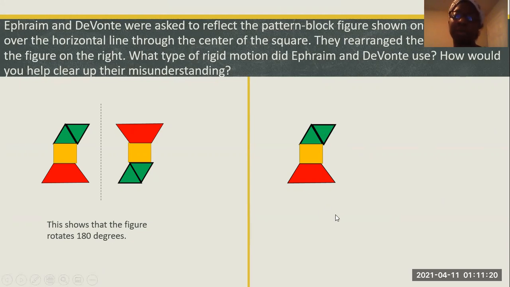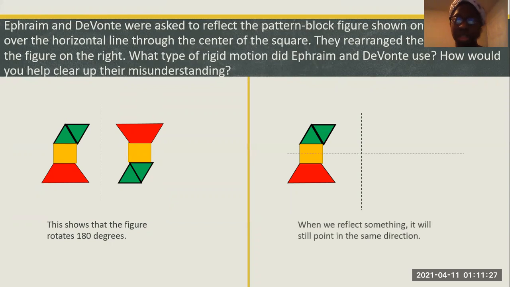So the triangle will point in this direction, while the horizontal will be on the top. So reflecting through the square, it still points in the same direction, and then we put our trapezoid. And that's how we correct the misunderstanding.